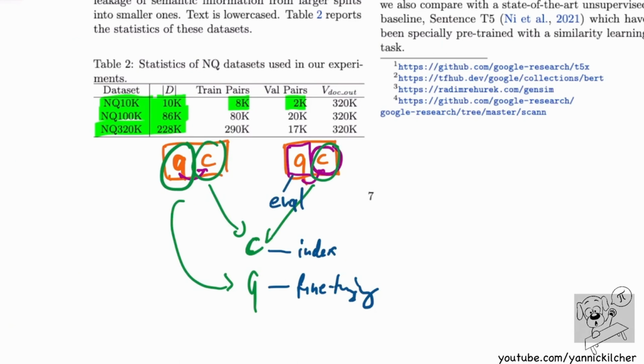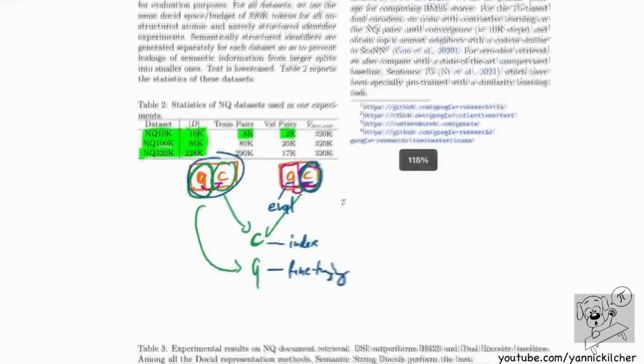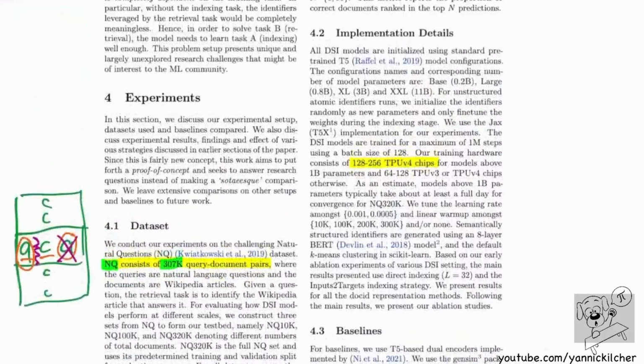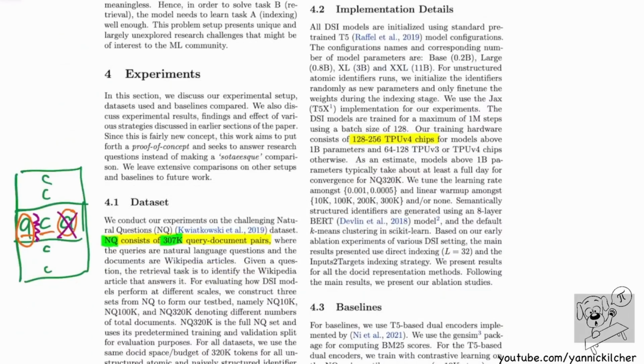I'm not exactly sure that that's what they do, because certainly they can't just not index the data that they're going to retrieve from. But I hope they don't actually fine tune on the queries that are in the validation set. But again, maybe they first do this, and then as a last step, they index the validation set. I'm honestly not sure, and I couldn't read it from the paper. Maybe I've overlooked something, but it would be a good question to the authors how this exactly is done.